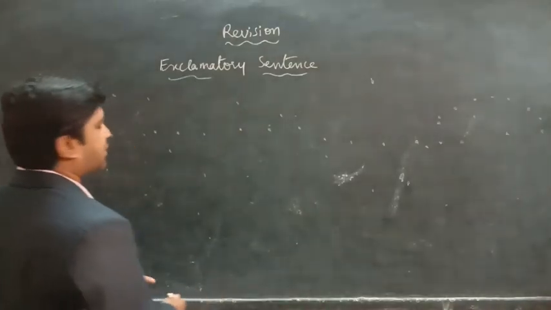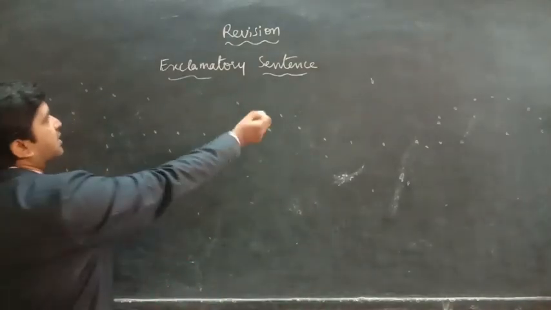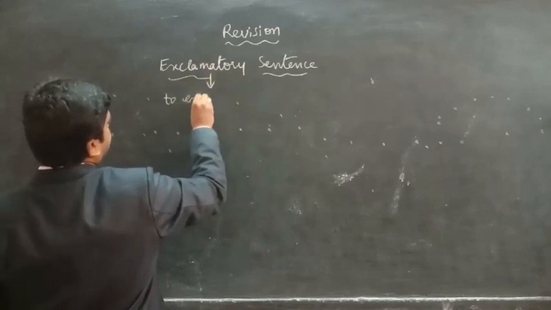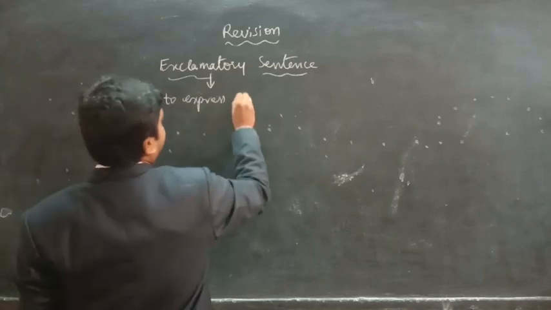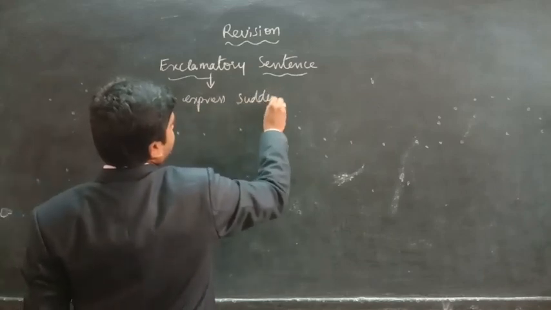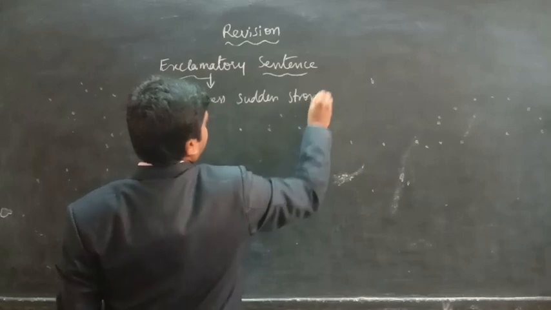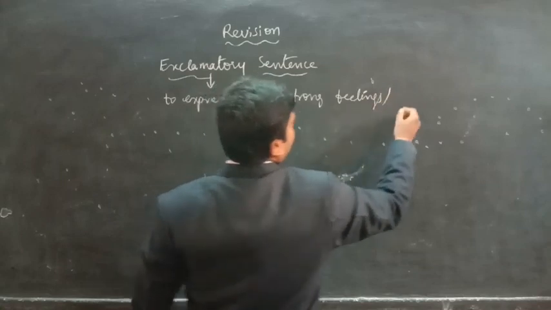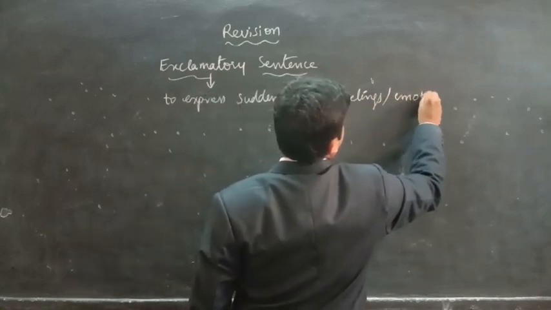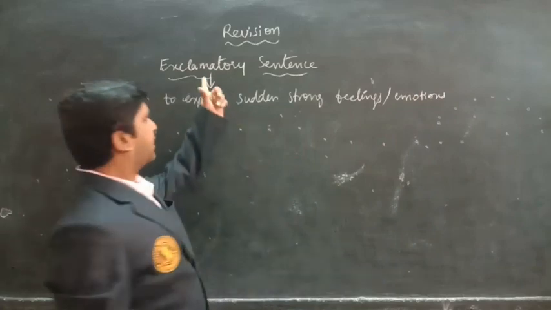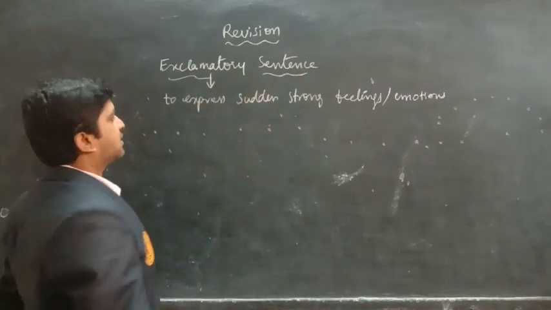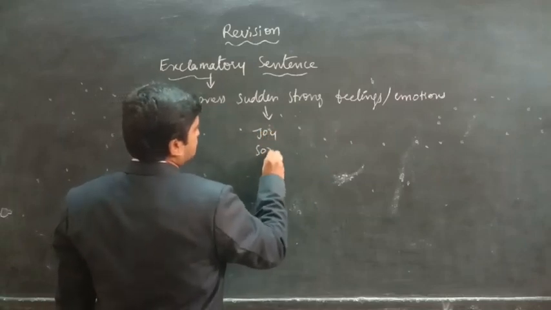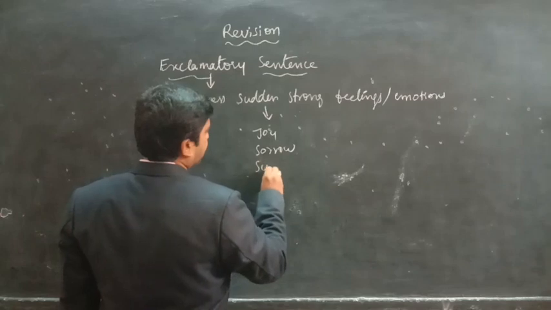For this type of expression, sudden feelings, we use exclamatory sentences to express sudden, strong feelings or emotions, for example joy, sorrow, surprise.